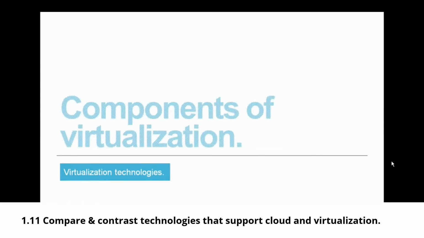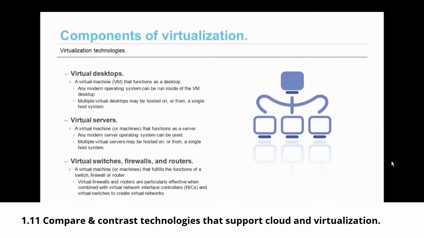With that covered, let's talk about some of the components of virtualization. First up is the virtual desktop. A virtual desktop is a virtual machine, or VM, that functions as a desktop. Now, any modern operating system can be run inside of a VM desktop.